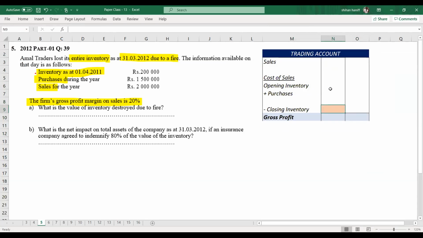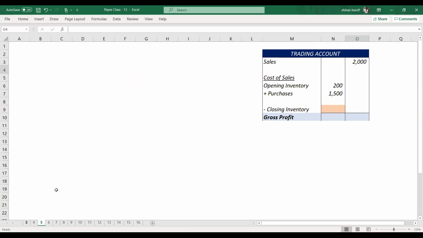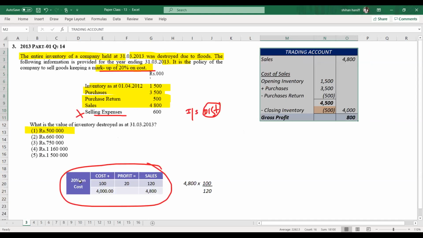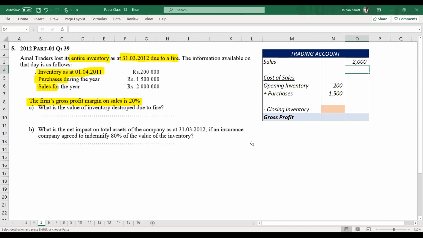Opening inventory is 200,000. Purchases during the year is 1,500. Sales is 2,000. Gross profit margin on sales. So you can use this calculation.